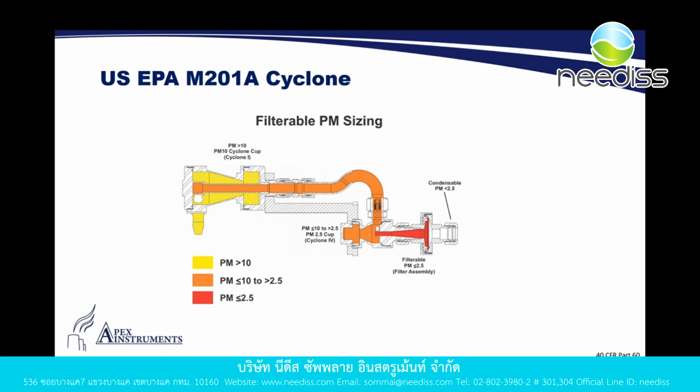We do have a method here in the US called Method 202, which actually is a method with a filter at the back in between impinger number 2 and impinger number 3. And what that is actually doing, it's capturing what is considered by the EPA as condensable PM.